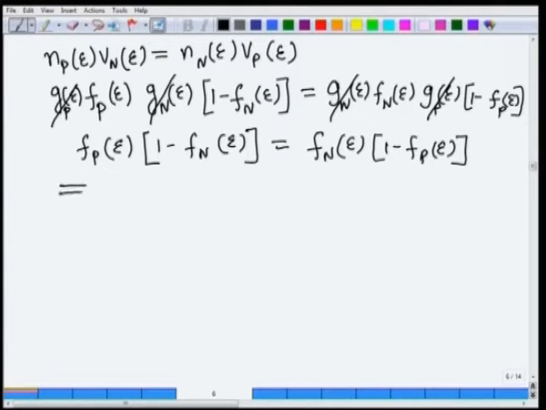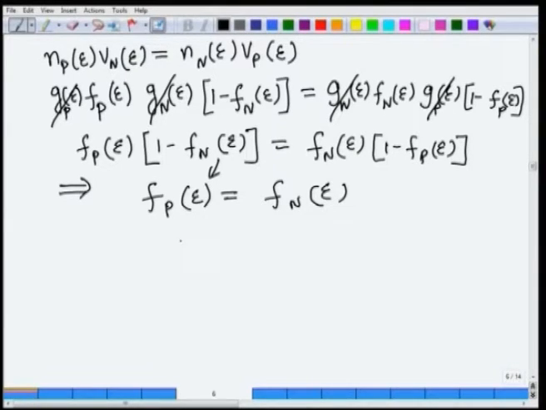This implies clearly that the Fermi function on the p side should be equal to the Fermi function on the n side. From this you can derive this. What does that mean? And we know how we can write this.